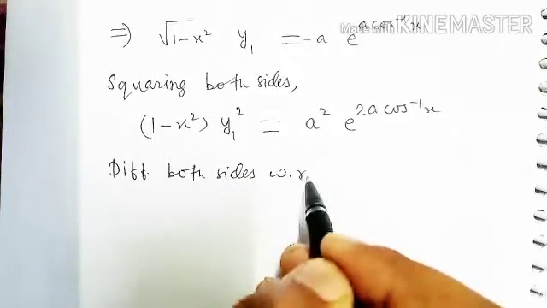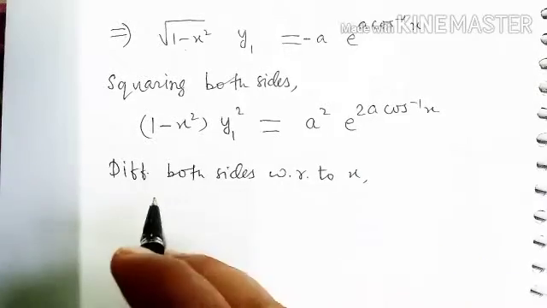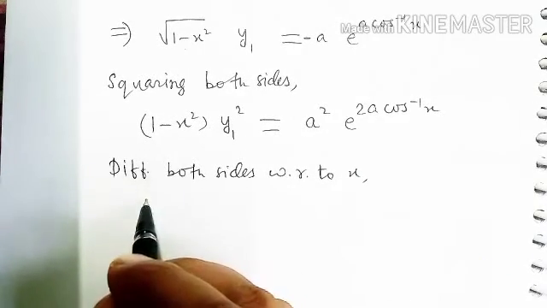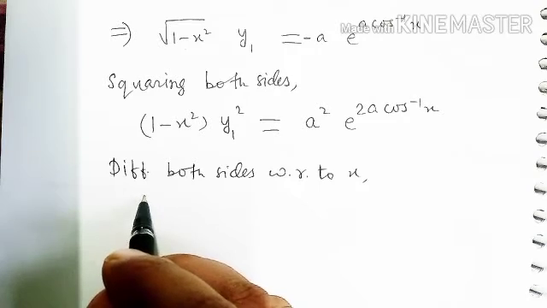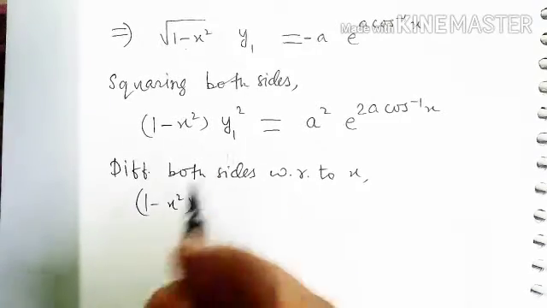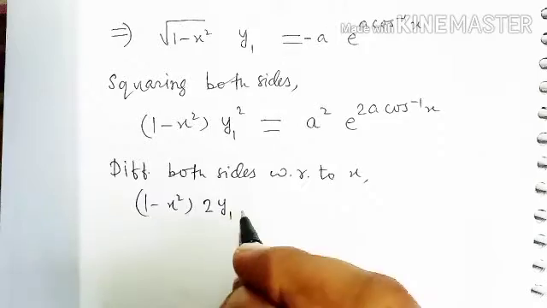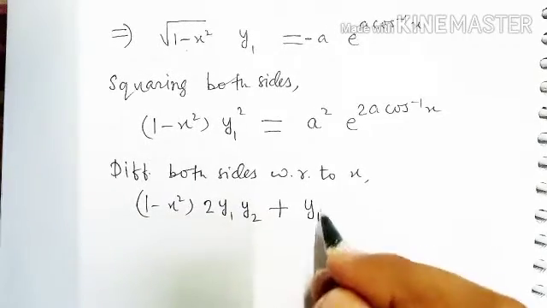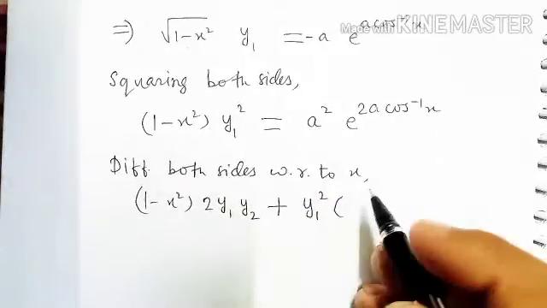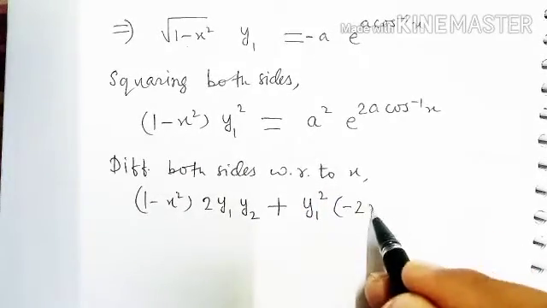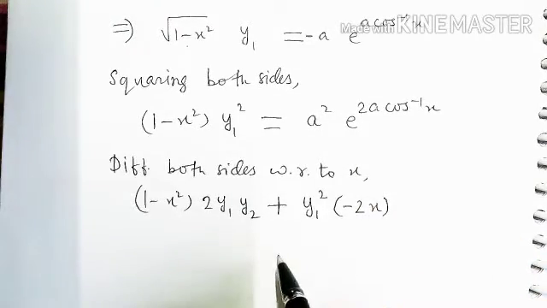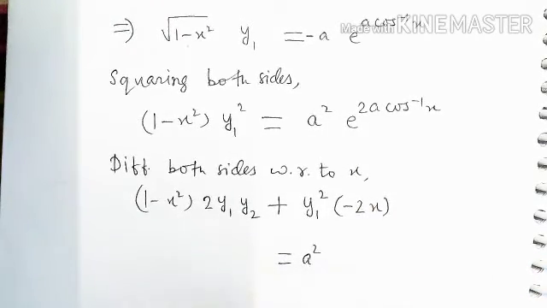Now differentiating both sides with respect to x, firstly we write 1 minus x square, the derivative of y1 square is 2y1 and the derivative of y1 is y2. Now y1 square, the derivative of 1 minus x square is minus 2x. Here a square is constant, so it comes out.